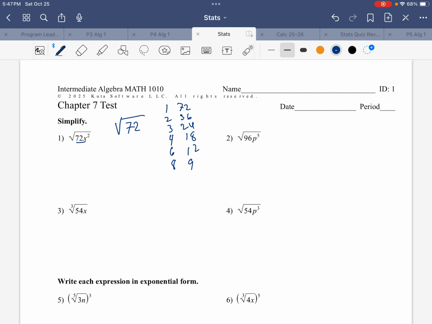Okay, so of these factors, we want to try to find the largest perfect square. There are other perfect squares. 9 is a perfect square. The 36 is a perfect square.